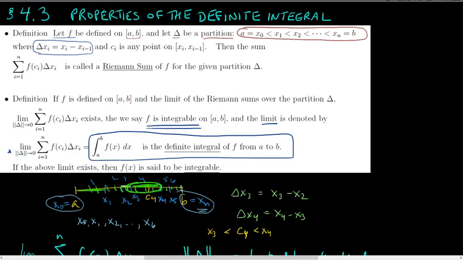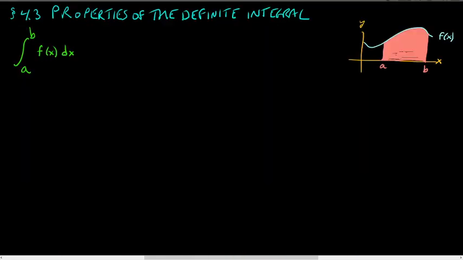But again, as a practical matter, we're not really going to use this in any significant way. It's just getting used to the idea of what is a definite integral. So I'm going to define that again. Let me get rid of all this clutter here. Okay, so now we can talk about the definite integral. So it's this symbol here. This is the definite integral of a function f.